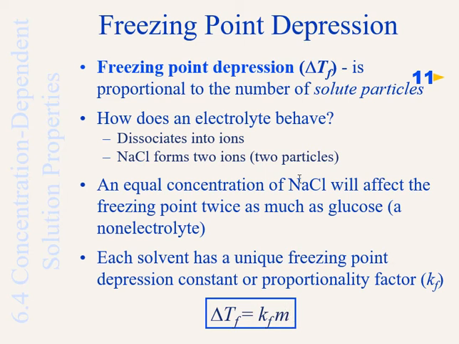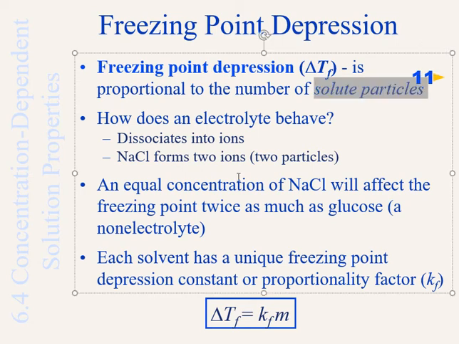Now what we are looking at is not the concentration of the solute but rather the concentration of the solute particles. How are those two different? For example, if you had a 1 molal sodium chloride solution, when you add that sodium chloride to water, it actually dissociates into sodium ions and chloride ions.